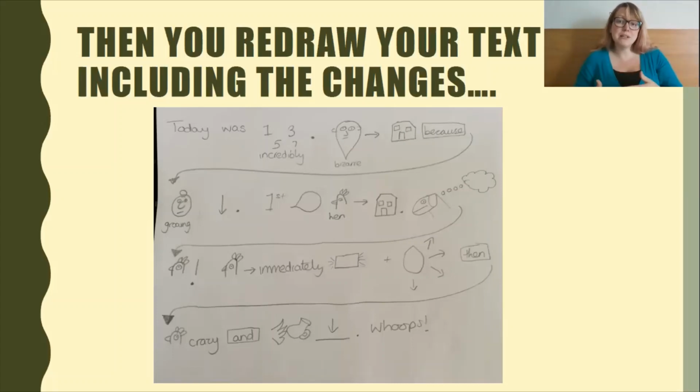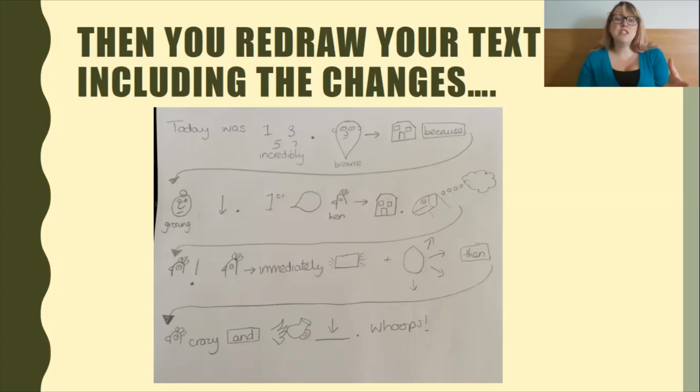And inevitably, because of that, we make mistakes. By getting your ideas down here, it means that it's one less thing to think about when you're writing. Because as young writers, not only have you got to think about spellings, vocab, grammar, you've also got to think about your letter formation. It's an awful lot for your brain to think about. This just takes one of those things away.